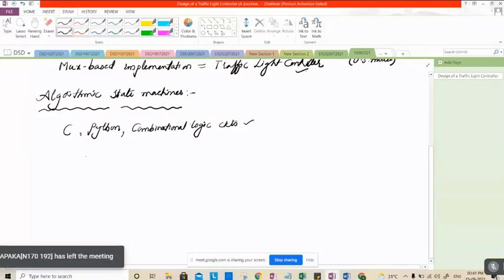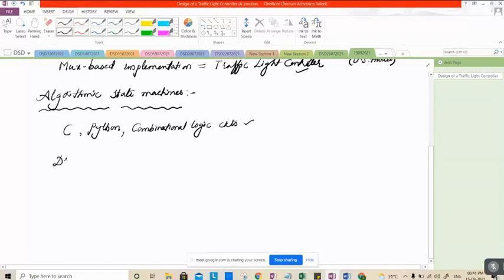Now, before discussing this topic, draw an algorithm for a simple mod 6 counter.